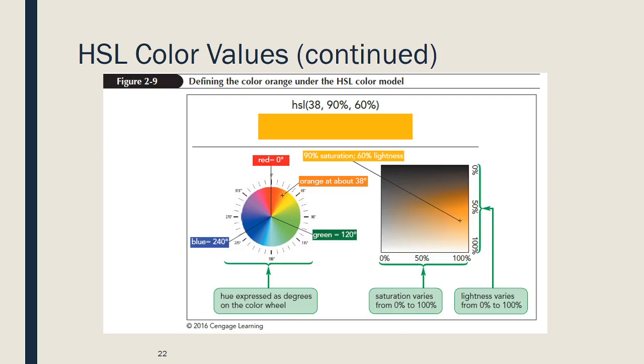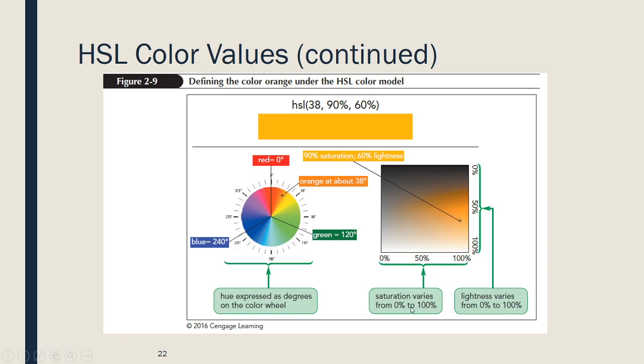Okay, so this figure shows how you define the color range under the HSL color model. We have here the hue that is expressed in degrees on the color wheel. In this case, orange is about 38, green is 120, blue is 240, and red is 0. And we have the saturation from 0 up to 100%.